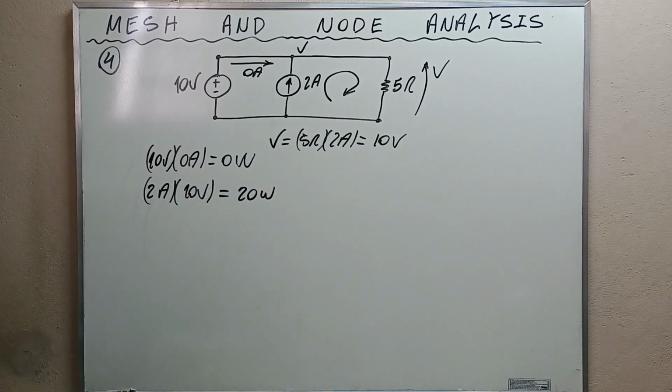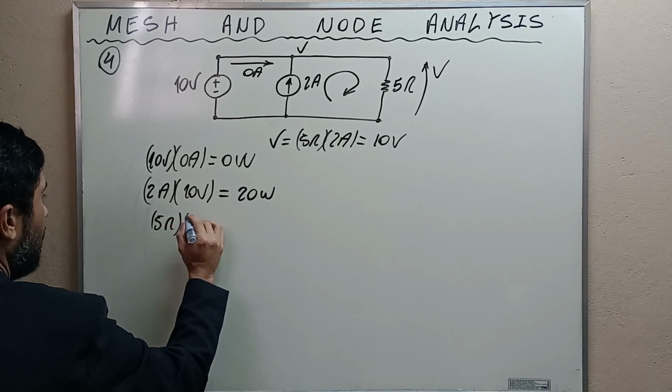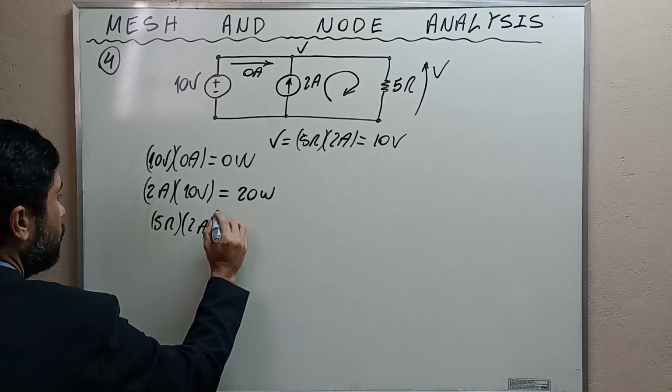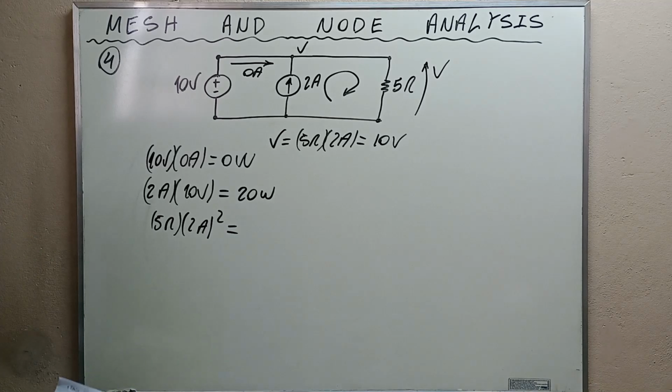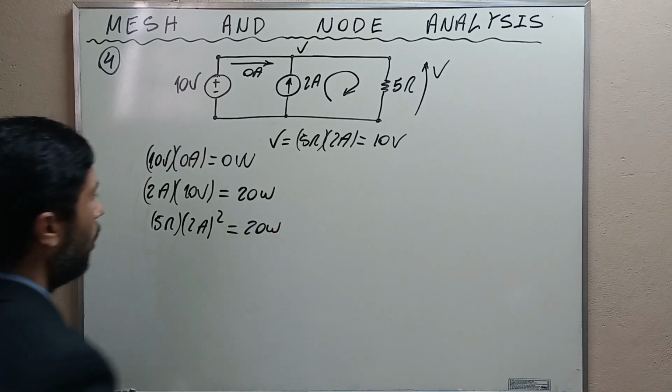And finally, we're going to calculate the power absorbed by the resistor. It is equal to 5 ohms times 2 amps squared, and this is equal to 20 watts. Okay?